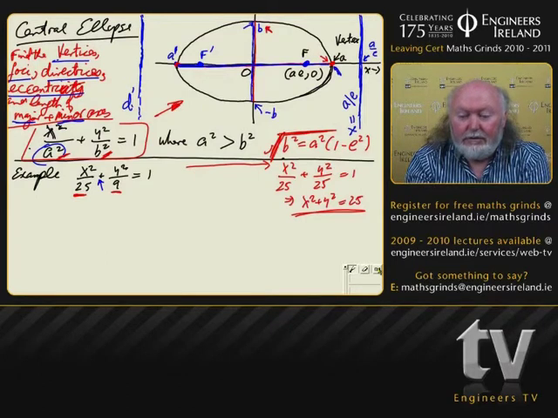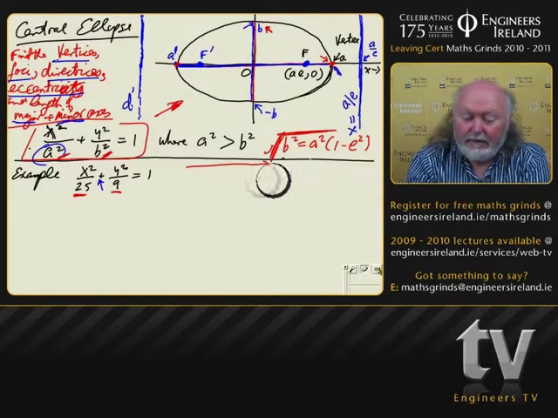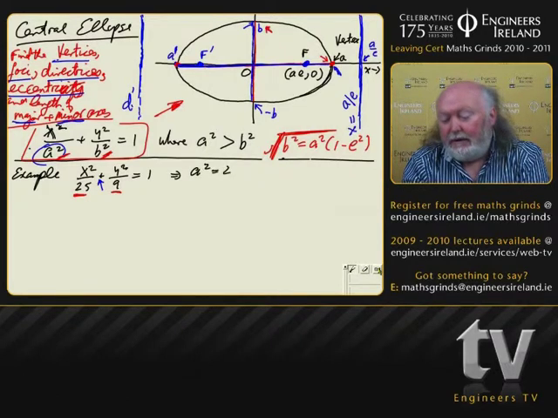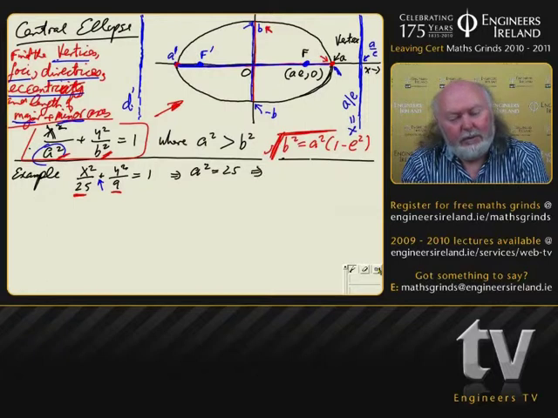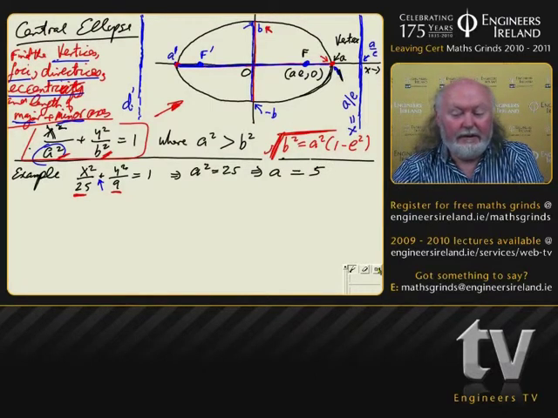What does this equation do for us? That implies that a squared equals 25, which implies a equals 5, and you don't have to worry about plus or minus. The reason is, it's over on the right-hand side of 0 on the x-axis, and the minus 1 is over here.